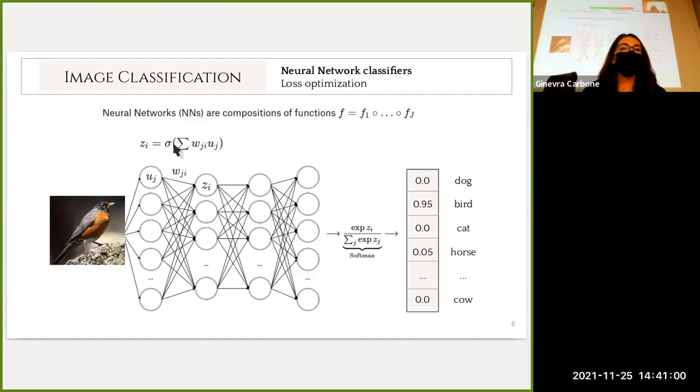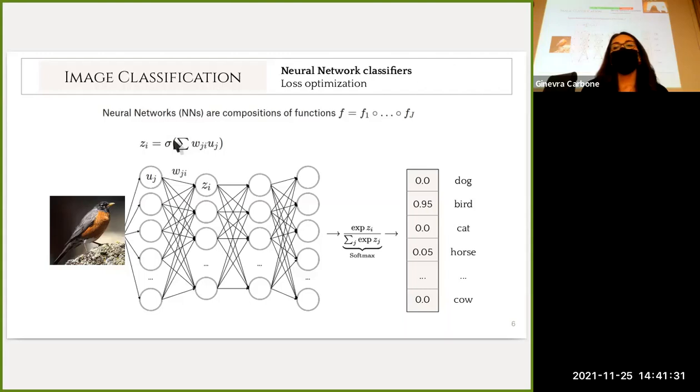In this case, the nonlinear activation is this function sigma, which is a sigmoid function. But of course, in general, you could have many different types of nonlinear functions. The reason why we are using this kind of nonlinear combination is that we want to define a very complex relationship between X and Y.